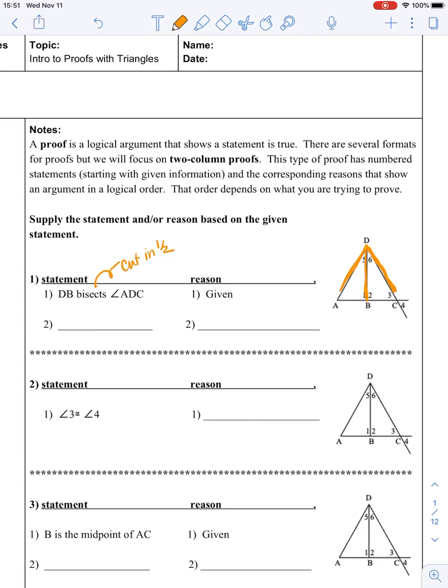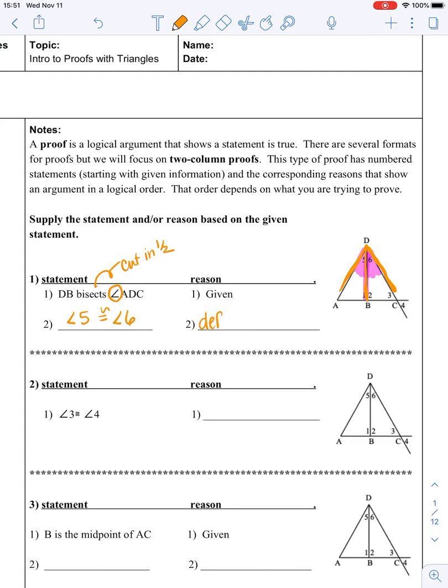Now I cut an angle. Now this is important. When I cut an angle, I get 2 angles. So I have cut an angle in half, which is going to result in 2 angles. So if you just look at the pieces that we highlighted, then when I use DB to cut that in half, I'm going to end up with angle 5 is congruent to angle 6.